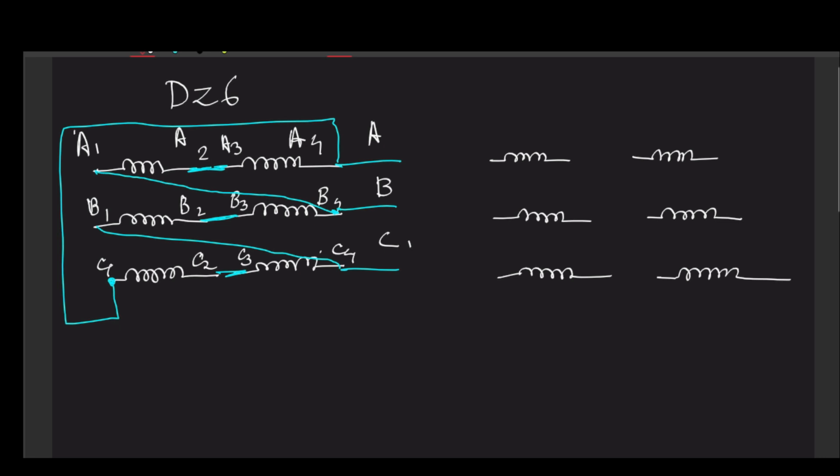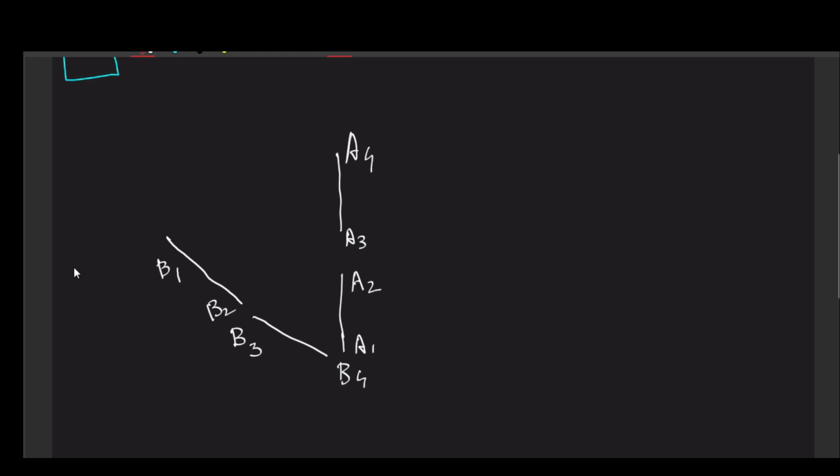First let us draw the phasor diagram here. That is A, B, C, and we are maintaining the same star phase sequence. Just relative position in the space is somewhat different.